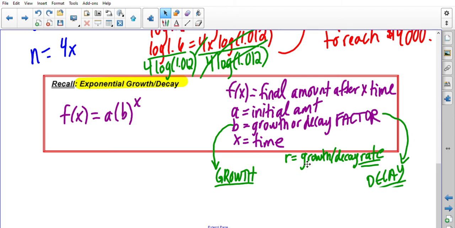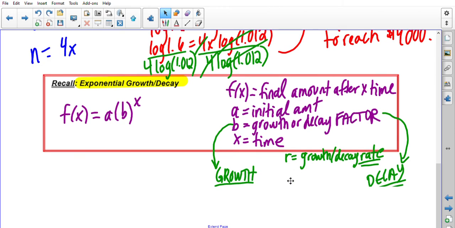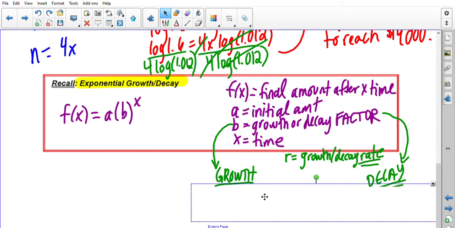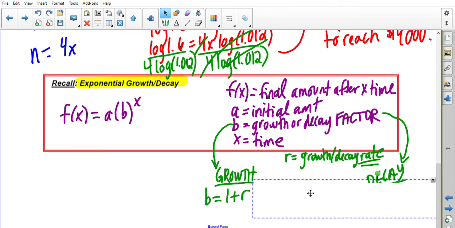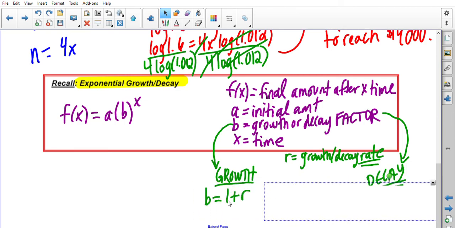That's very different than if the question talks about the growth or decay rate. The growth or decay rate is denoted by lowercase r. So how does lowercase r relate to b? If it's a growth factor, how do you find b? Well, b is going to be equal to 1 plus r, if r is the growth rate, because that means you keep 100% of yourself and then you add a percentage of yourself each time.